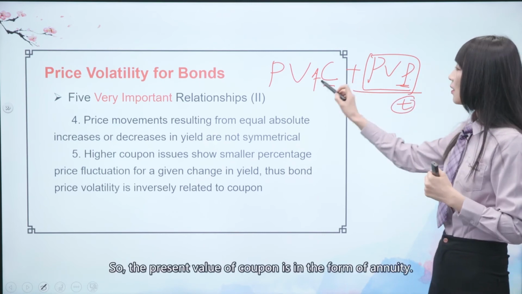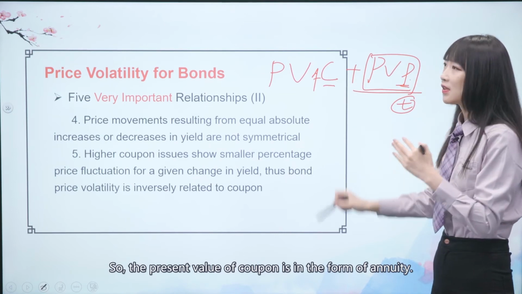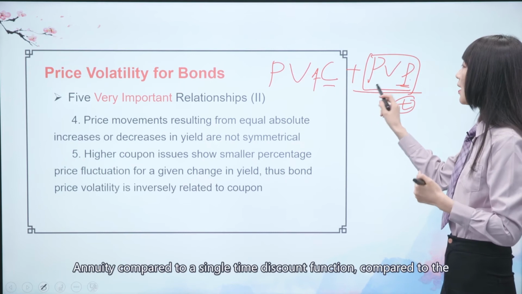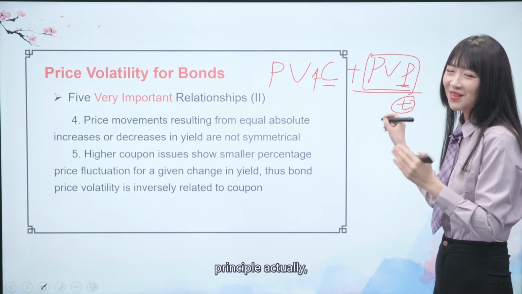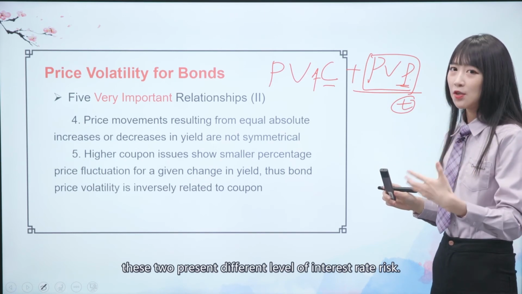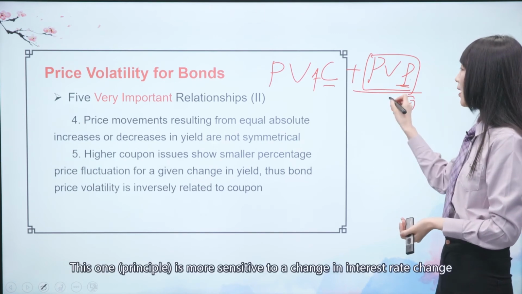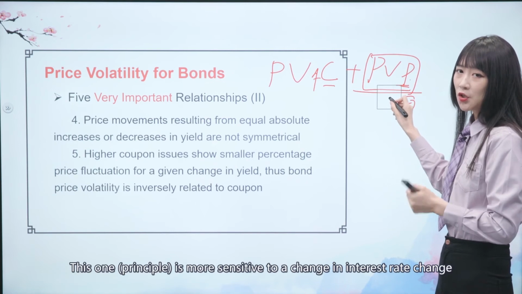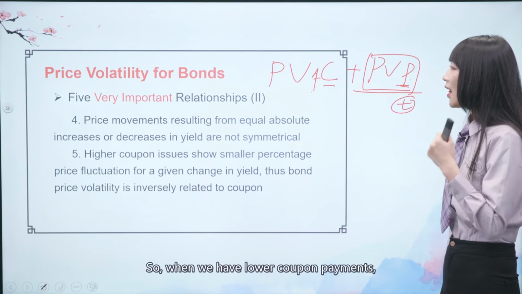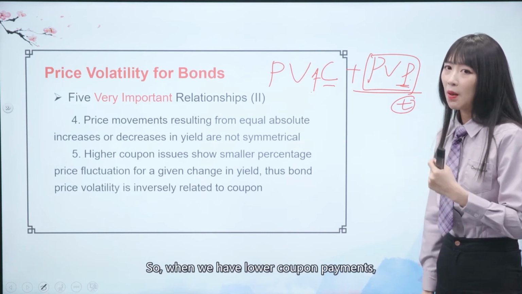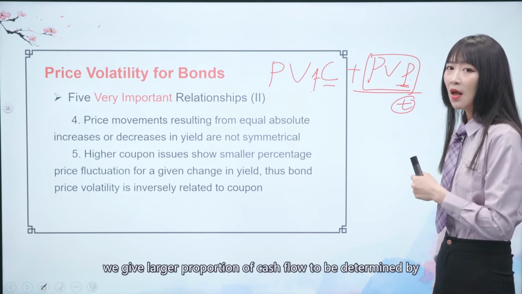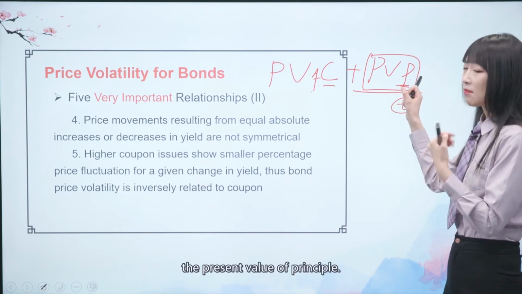So the present value of coupon is in the form of an annuity. Annuity compared to a single lump sum, compared to the principal, these two present different levels of interest rate risk. This one is more sensitive to a change in interest rate compared to this one. So when we have lower coupon payments, we give a larger proportion of cash flow to be determined by the present value of principal.